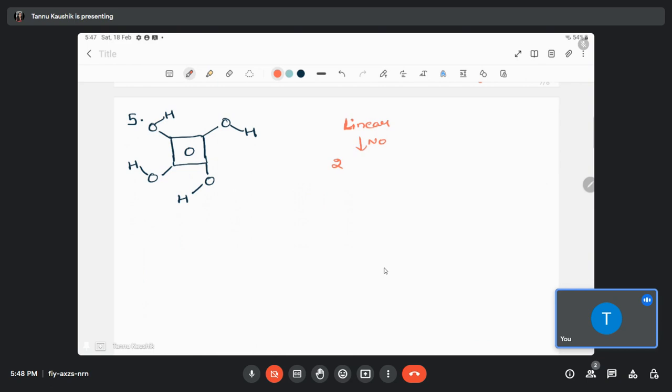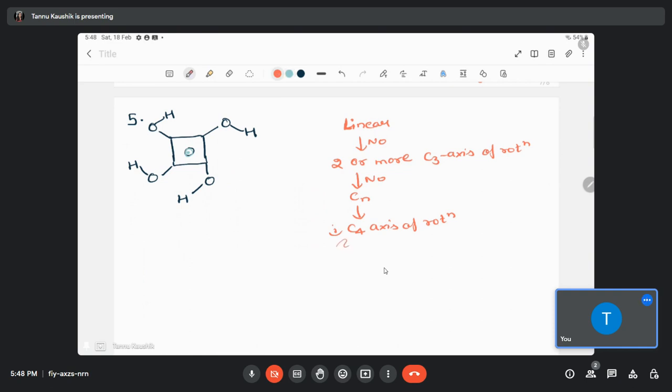Do we have two or more C3 axis of rotation? No, we don't have any C3 axis of rotation in this molecule. Do we have proper axis of rotation in this molecule? Yes, we have C4 axis of rotation, which is present here, perpendicular to the plane of the board.